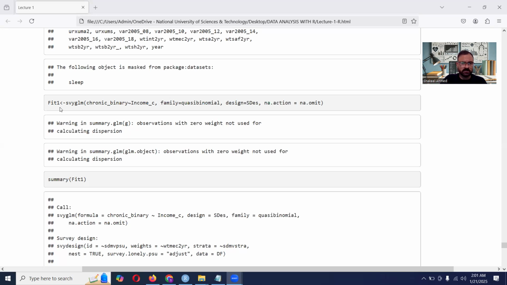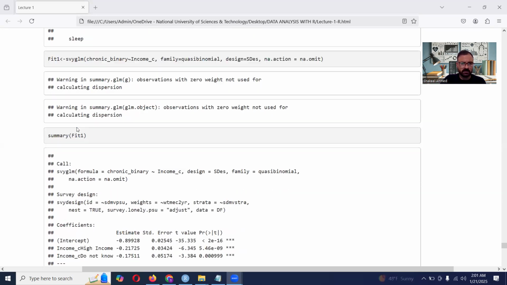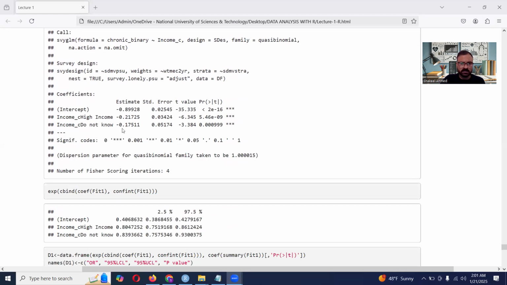a logistic regression using the svyglm command, and then we get the summary. On the basis of these estimates, this will give the estimates corresponding to log odds, with the chronic condition as the dependent variable and the exposure, that is income, as x.